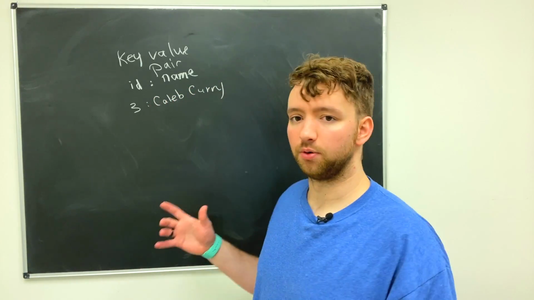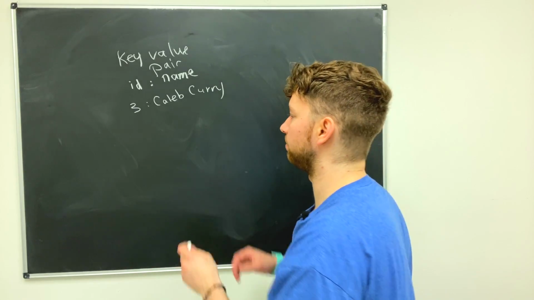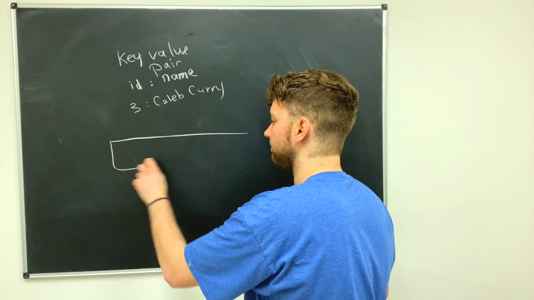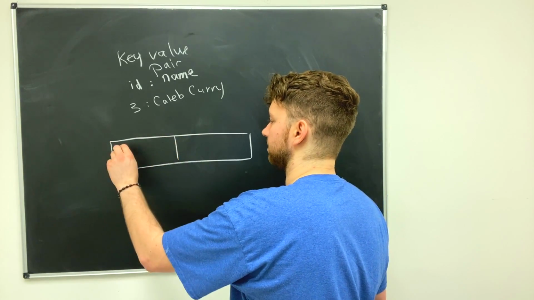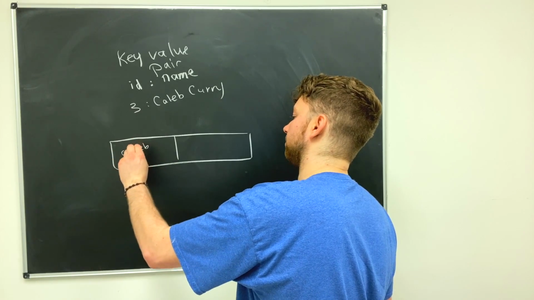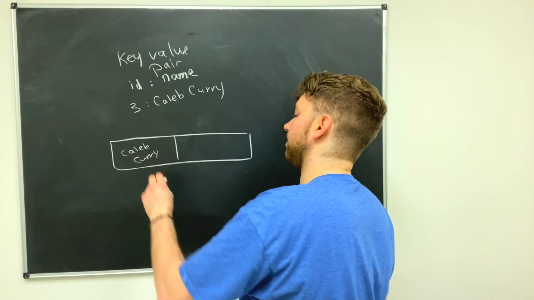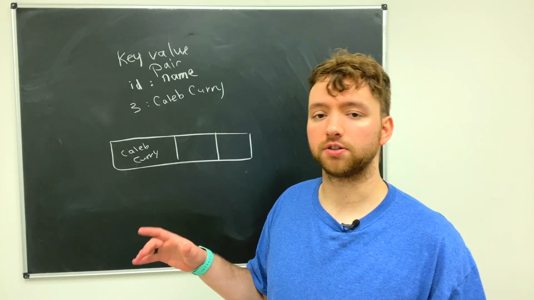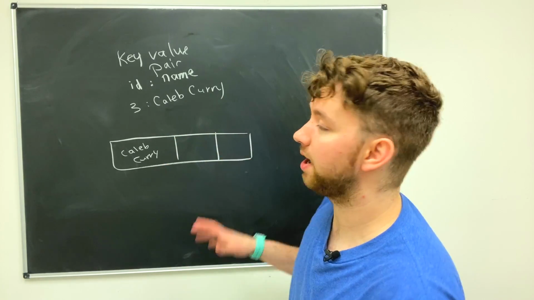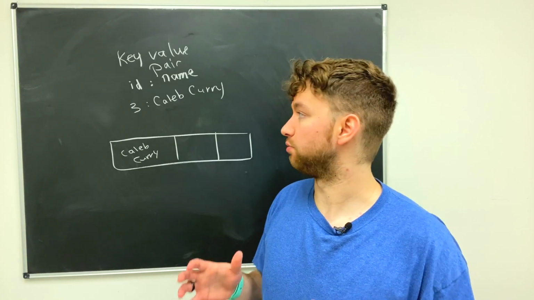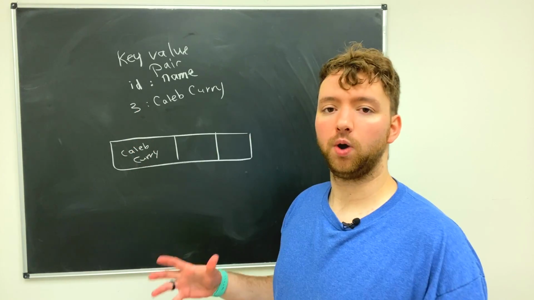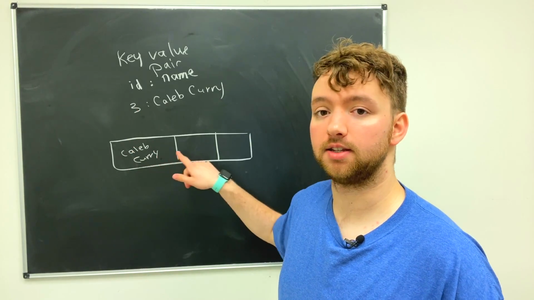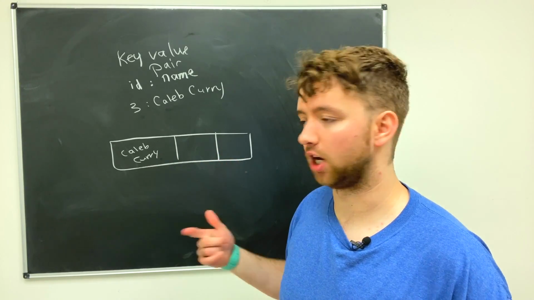So whereas before, you may have just put Caleb Curry inside of an array, one of the spots here might have the value Caleb Curry, and then you might have other people's names in here as well. You no longer are just going to worry about the value, you're also going to have to worry about the key. Whereas before, you would index these just using integers that go up.